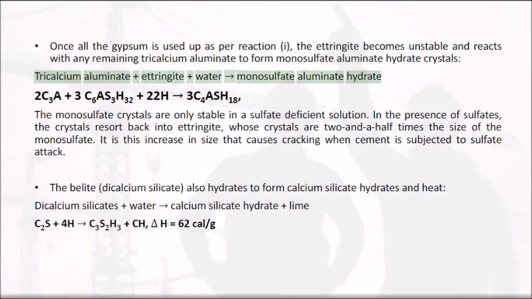Tricalcium aluminate and ettringite and water yield monosulfate aluminate hydrate. 2C3A + C6AS3H32 + 22H → 3C4ASH18.